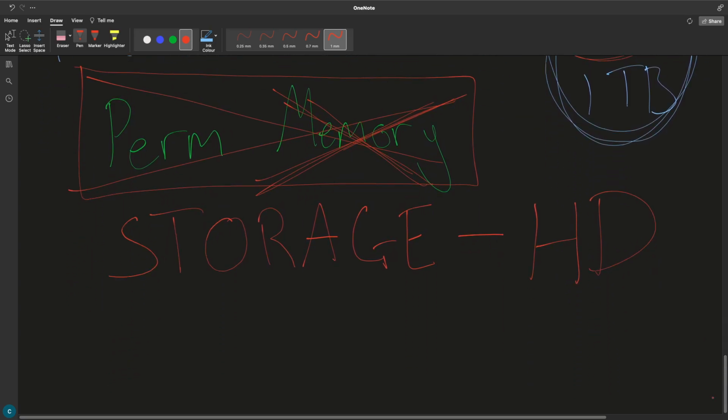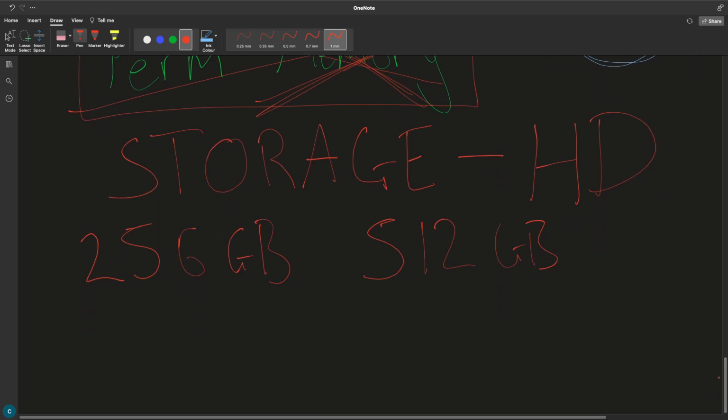So with the hard drives, I'd be expecting things like 256 gigabytes, which is a very small hard drive these days. 512 gigabytes you might see on very small laptops, the new MacBooks, for example, or a new Spectre or HP sort of things. Anyway, new laptops would be around about this sort of level.